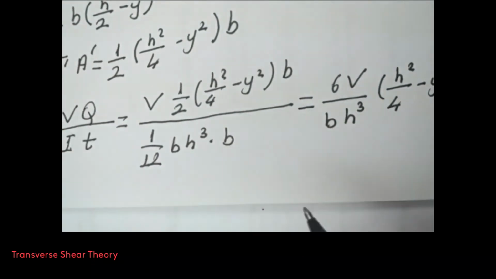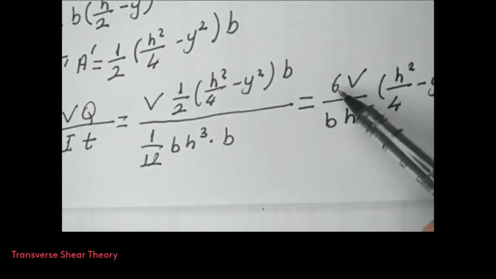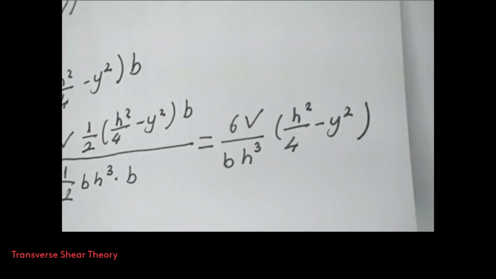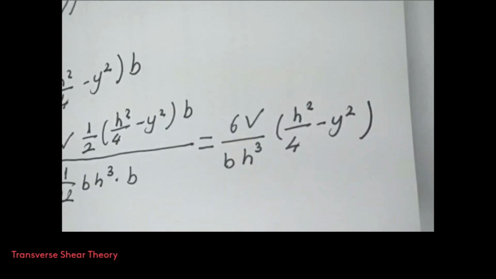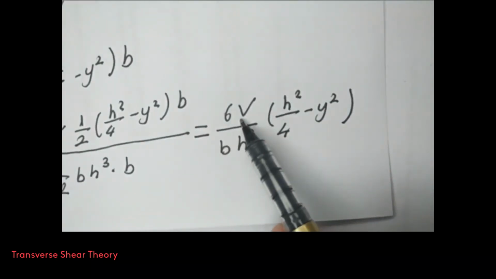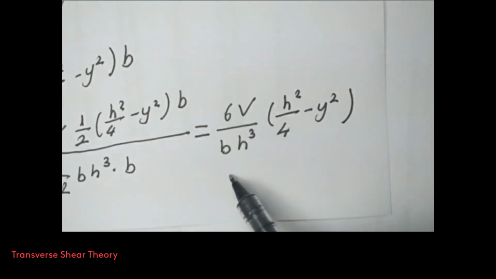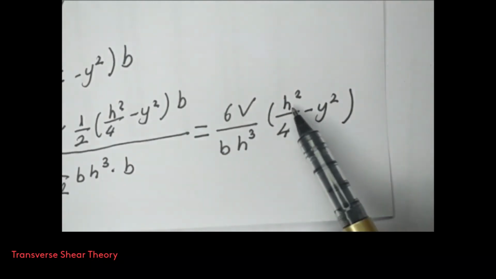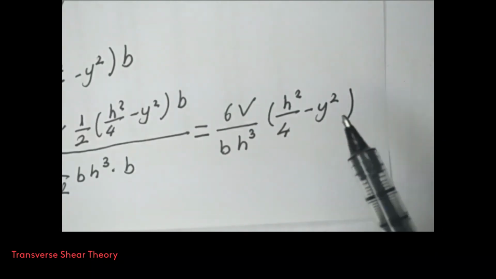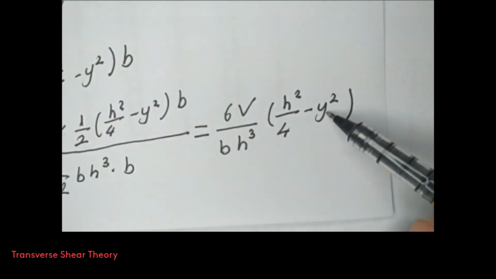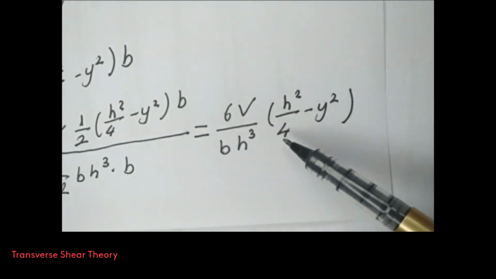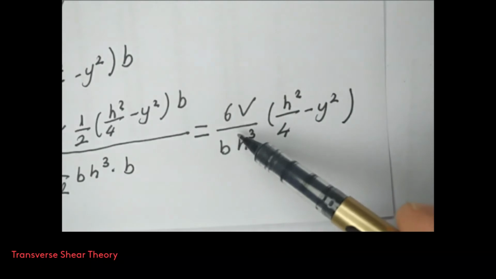So it is 6 times the shear force over B h cube, in parentheses h square divided by 4 minus y square. So when y is equal to h over 2 or minus h over 2, as you see from the expression, automatically the shear stress is 0.